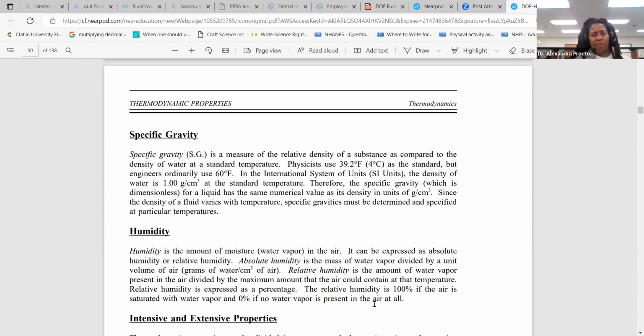Relative humidity is the amount of water vapor present in the air divided by the maximum amount the air can contain at that temperature. And relative humidity is expressed as a percentage. So relative humidity is 100% if the air is saturated with water vapor, and 0% if no water vapor is present at all.